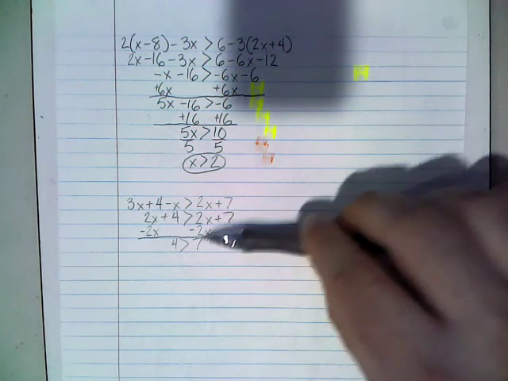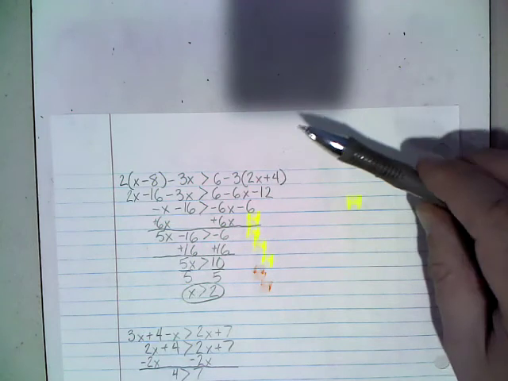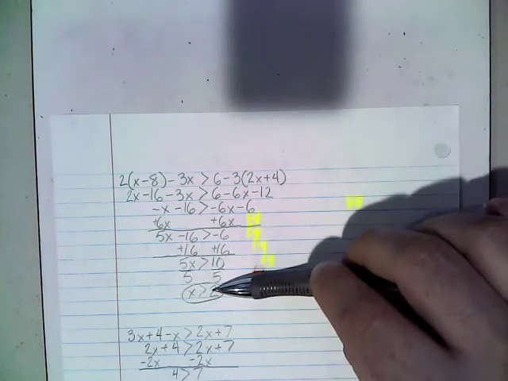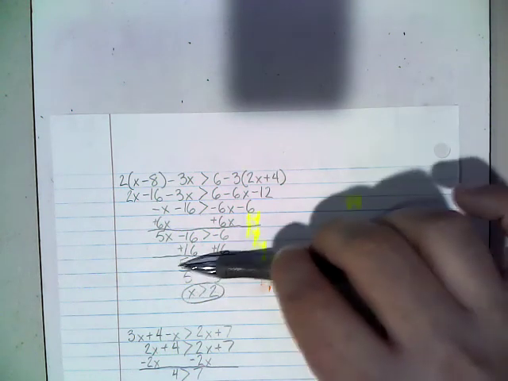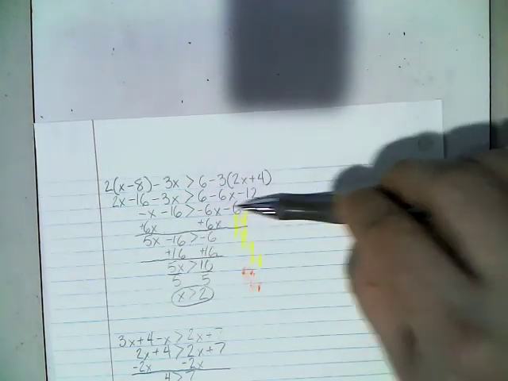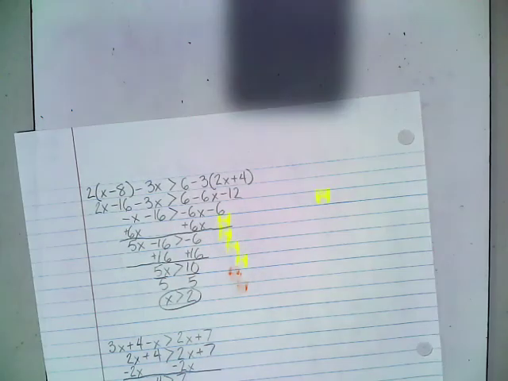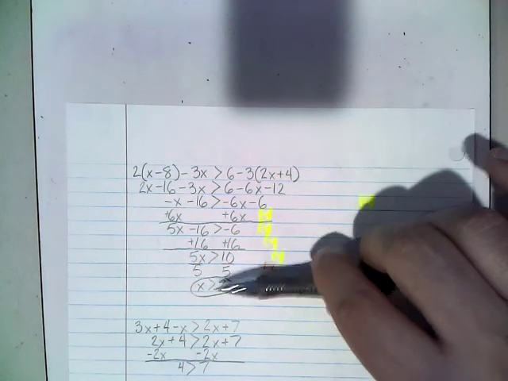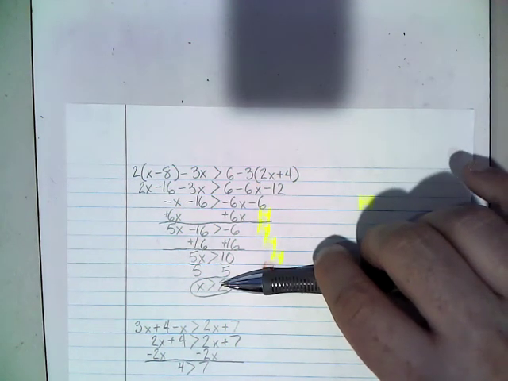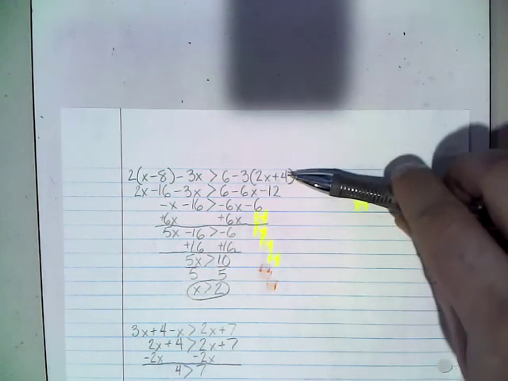The whole point of solving this is that whatever makes this true also makes this true, also makes this true, also makes that true. And so if we want to know when this is true, it's true in the same places that that's true. That's the point of solving this. This is a simpler way of understanding where this is true.